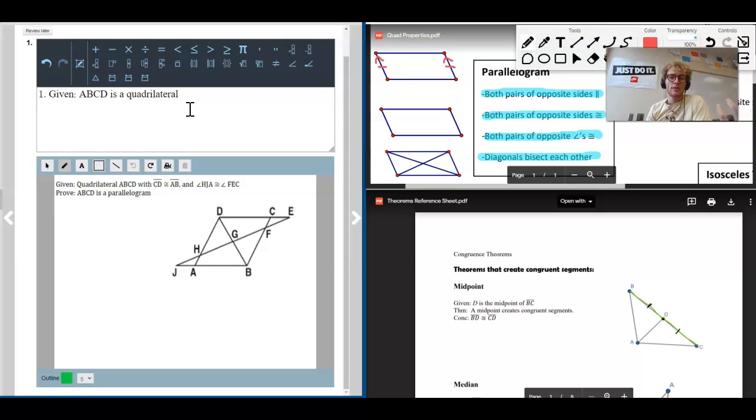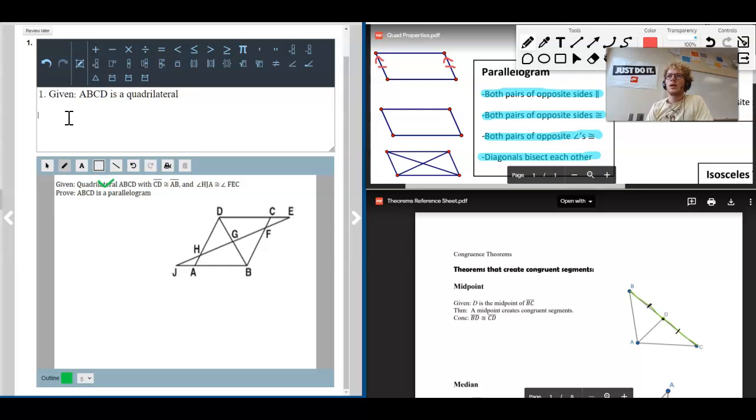All it's saying is that we have a four-sided shape. And that's just to clarify that you're not working with a triangle. A triangle can't be a parallelogram. A quadrilateral can be a parallelogram, and a parallelogram has to be a quadrilateral. So that's why we have to state that. Okay? So we can check that off.